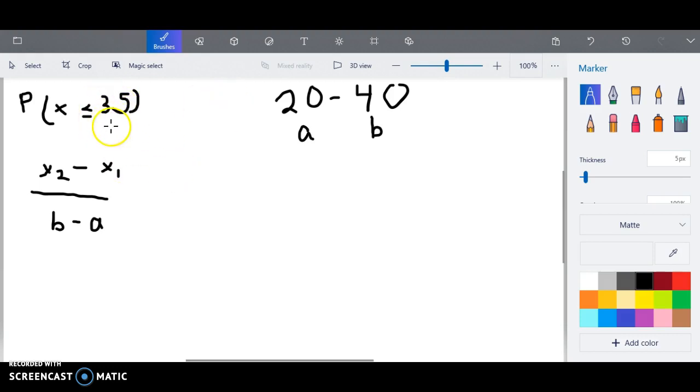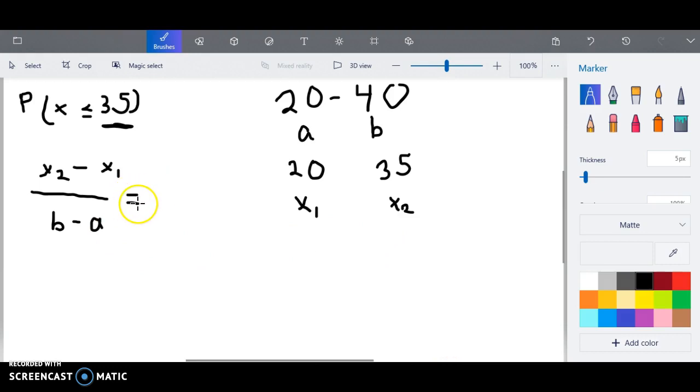So we know 35 is going to be the highest because it says x can be less than or equal to 35. So that's going to be your x2, and then your lowest point would be the 20, because we want to know the probability of it being less than or equal to 35.